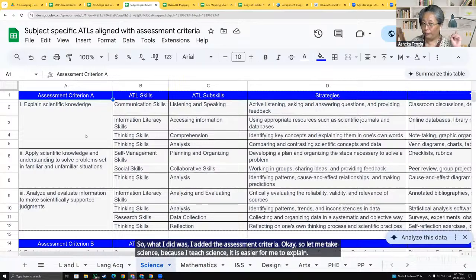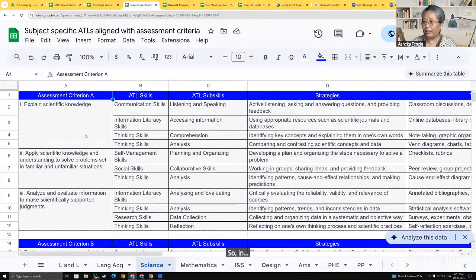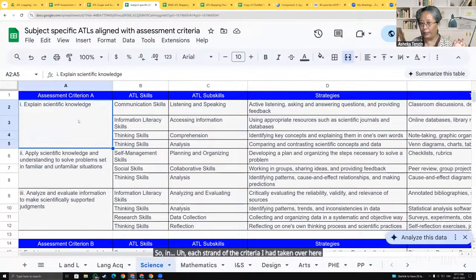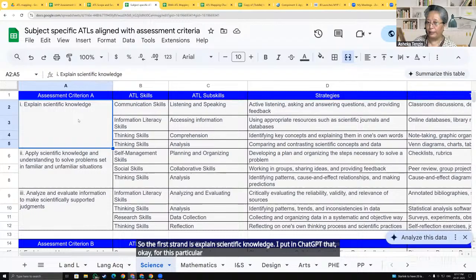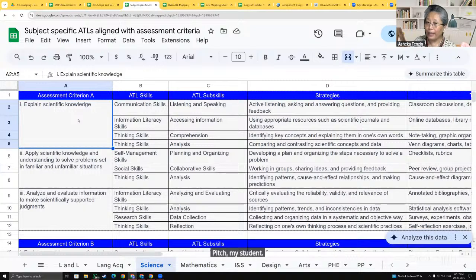In each strand of the criteria I had taken under column A, the first strand is explain scientific knowledge. I asked ChatGPT: for this assessment criteria, what ATL skills can I teach my students, and give me the sub skills, strategies, and tools I can use to teach this skill.